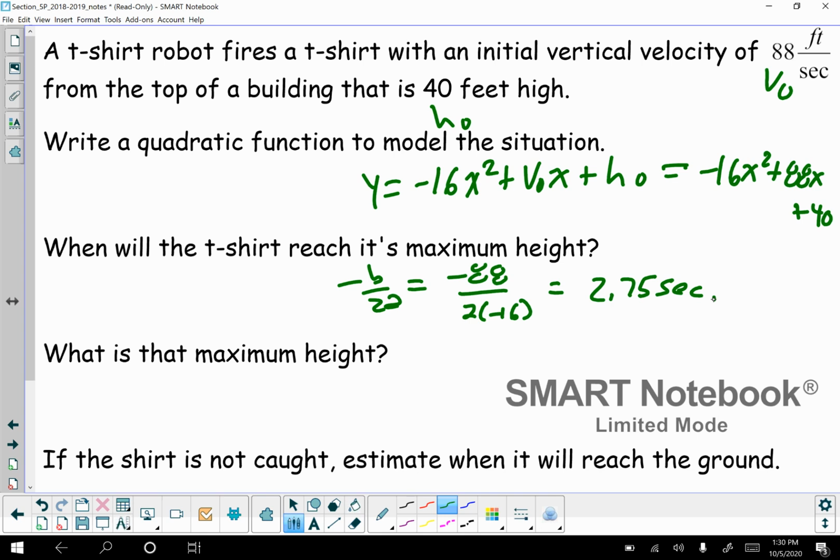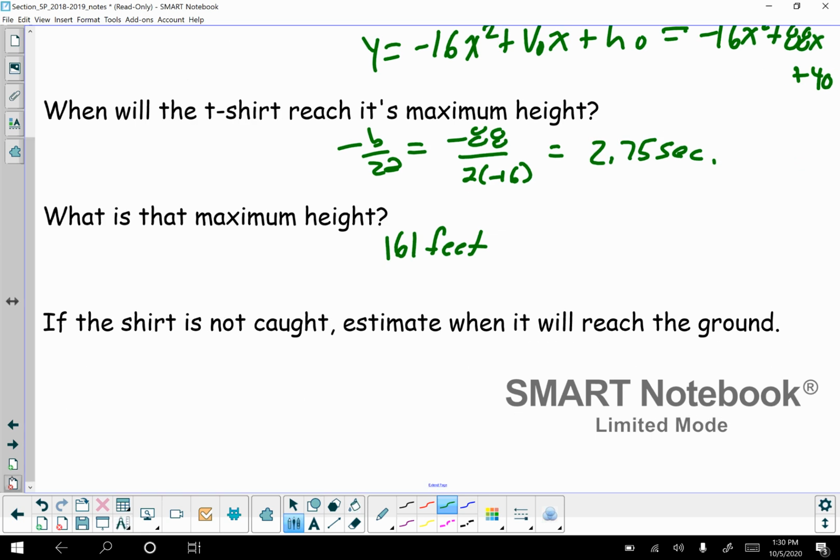What would the maximum height be? I'm going to take 2.75 and plug it into my equation. So it looks like that T-shirt will get up to 161 feet at 2.75 seconds.